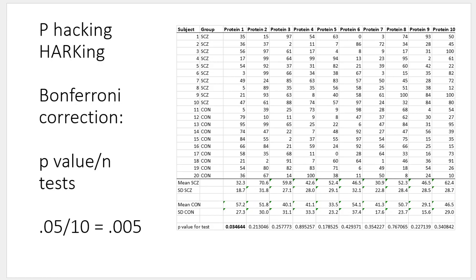So this scientist has found this protein, and he goes back and he says, oh, this is a protein that's critical in the cerebellum. He goes to the literature and he constructs a whole theory around what protein 1 does and how it is involved in schizophrenia. And he gives you the impression in his article that he thought of that in advance and then tested that with just protein 1 and got a result.